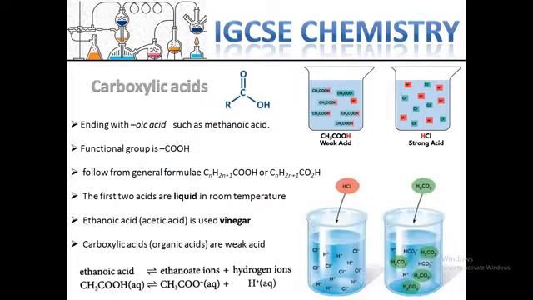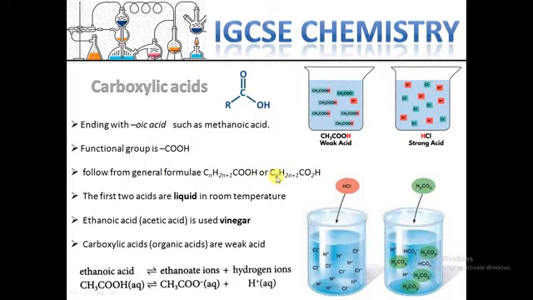So the general formula of carboxylic acid is CnH2n+1COOH. It is not different.